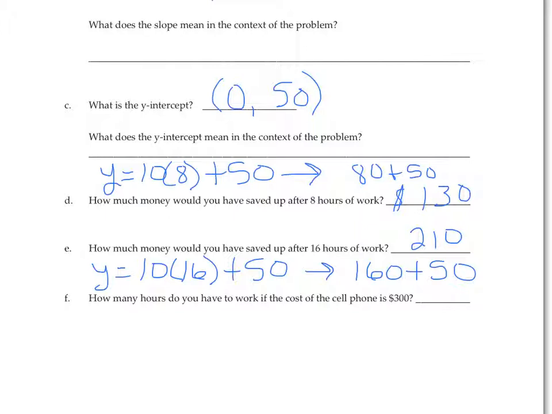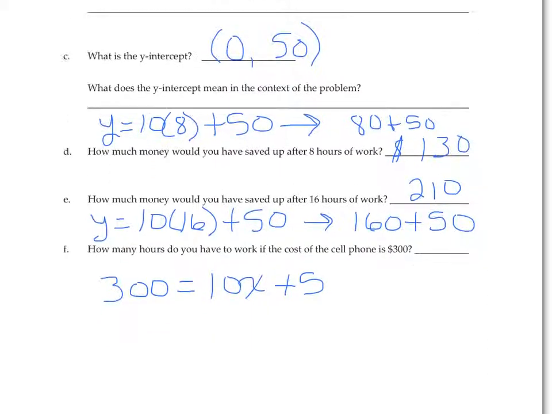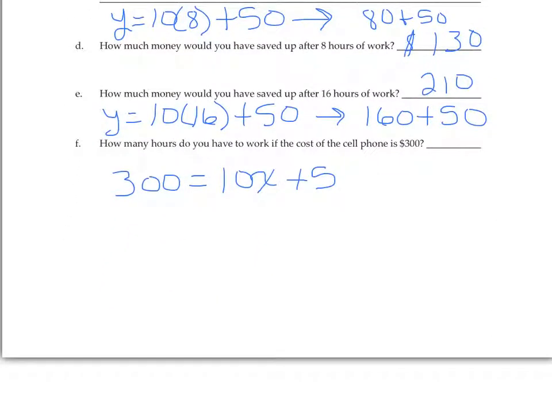How many hours do you have to work if the cost of the cell phone is $300? So we're making the total cost $300 here, so that would be replacing y. So 300 equals 10 times x plus 50. Then we solve for x. How do we solve for x here?